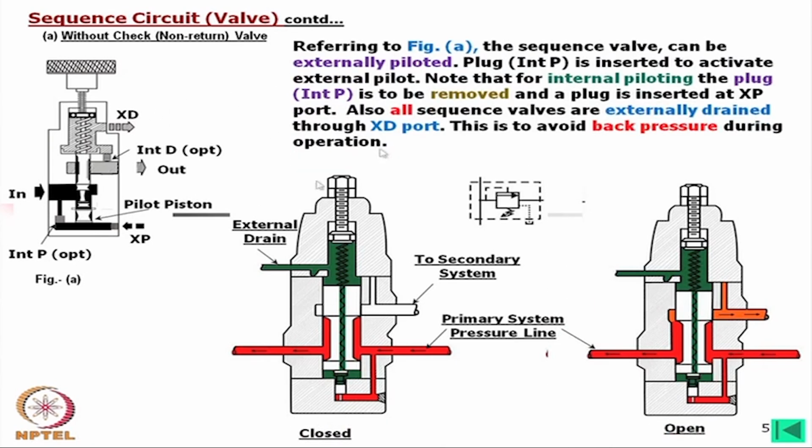Now, referring to this figure, the sequence valve can be externally piloted, we can operate this one externally. This means that when we give the signal here, this moves and oil goes out. The basic principle is that in case of external operation, first of all we have to plug this one, then oil comes here and the pressure on this side and this side are the same, so it is not moving.